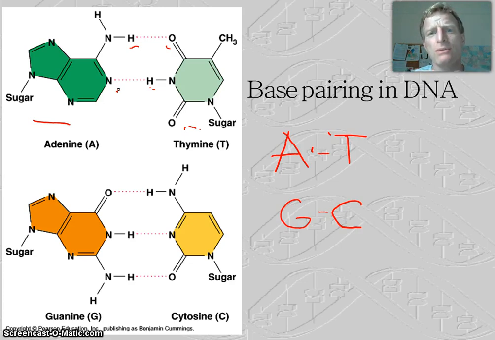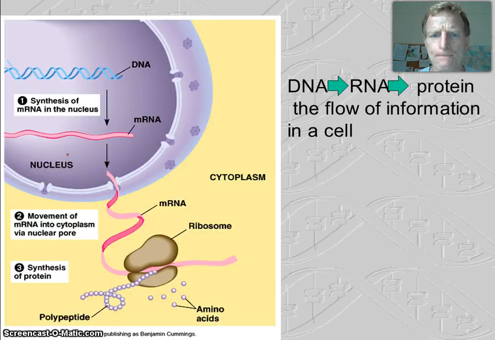So these weak hydrogen bonds are really important, and you can see A's and T's line up these hydrogen bonds nicely, as do G's and C's. Okay, uracil is in RNA, and it pairs up with adenine. So in RNA, we'll see A pair with U. And we'll get to that a little bit later.